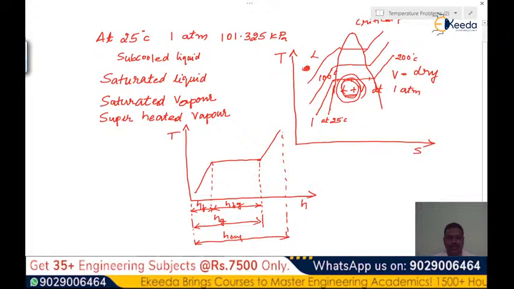So HF is the enthalpy of the saturated liquid, and HFG is called the latent heat of vaporization.